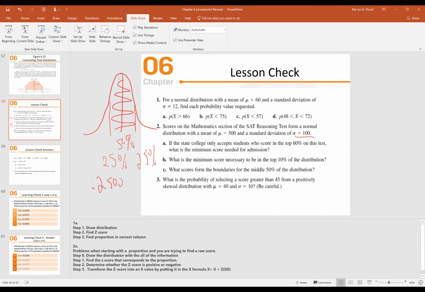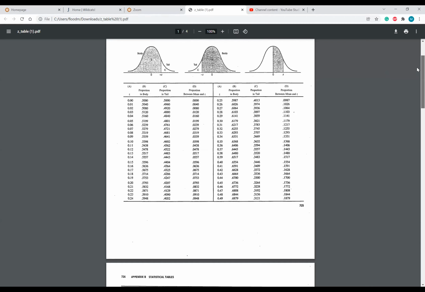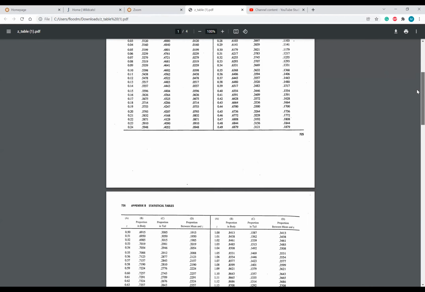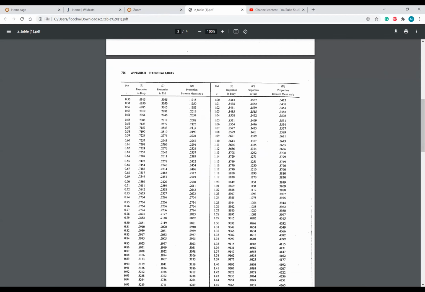Let's go to our z table, to column D, and find the proportion that is closest to 0.2500. We have two numbers that are relatively close, but the closest one to 0.2500 is 0.2486, and that corresponds to a z-score of 0.67.